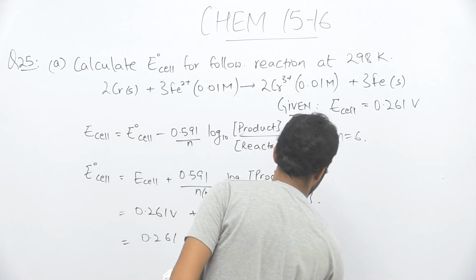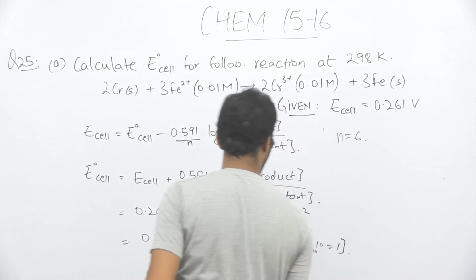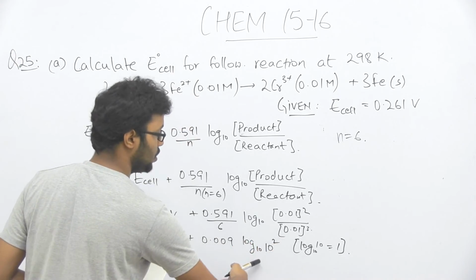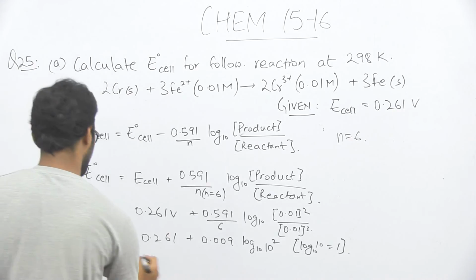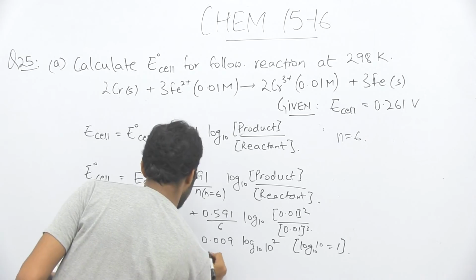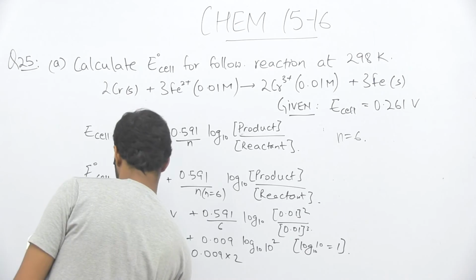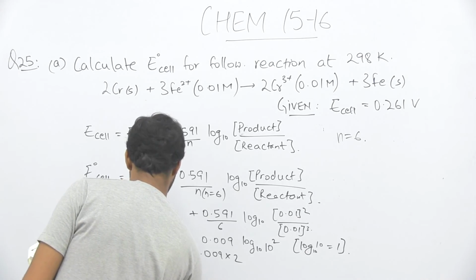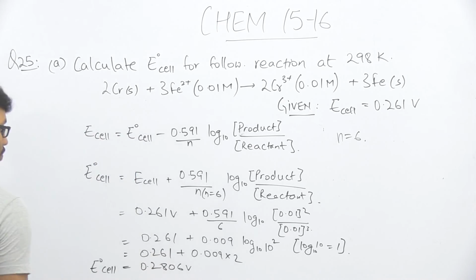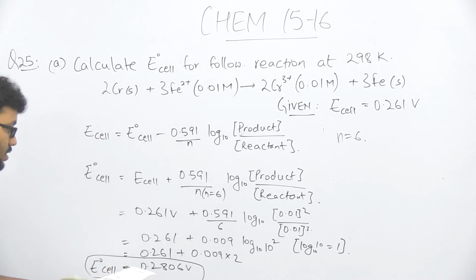Since log 10 to the base 10 equals 1, log of 10 raised to power 2 to the base 10 will be 2, and so the answer would be 0.261 plus 0.009 into 2, and the answer is 0.2806 volt. So we finally get E naught of the cell as 0.2806.